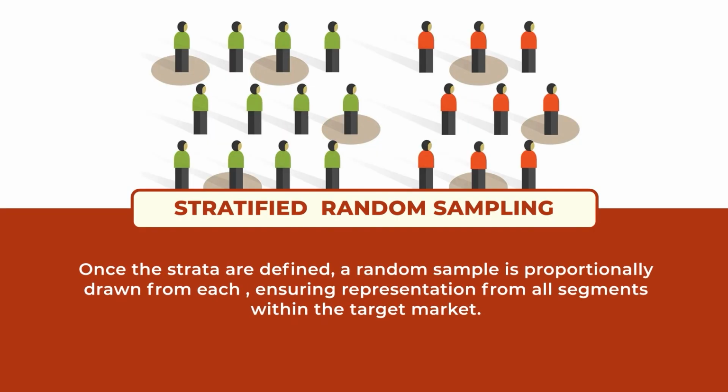Once you define the strata, a random sample is proportionately drawn from each. That means if in the population these three kinds of people are distributed in the proportion of 20, 20, 60, then in the same proportion, we draw random samples from each of the strata.